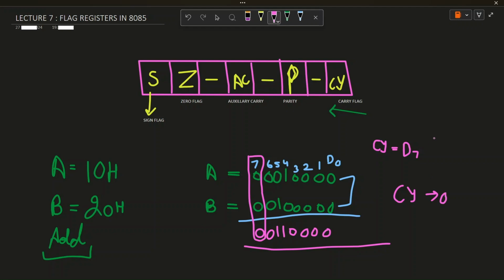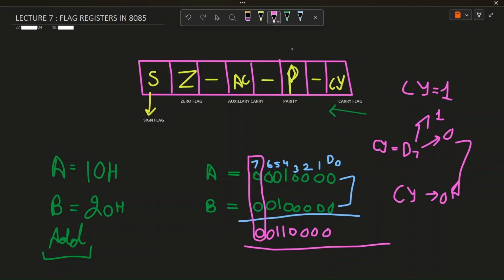And when the D7 bit is 1, we set our carry flag as 1. That means there is a carry. So that is what the carry flag or the CY flag holds.